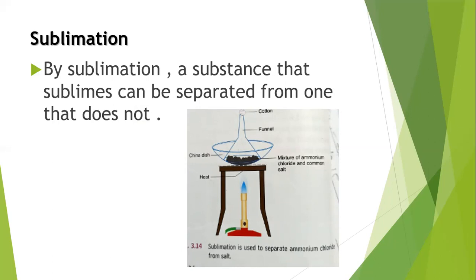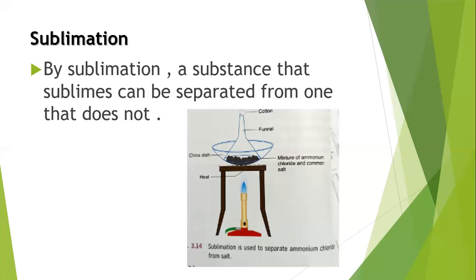Here you can see one image, that this sublimation is used to separate ammonium chloride from salt. The experiment is given in your book also on page 34, figure 3.14. What they have done is mix some ammonium chloride with common salt and keep the mixture in a dish.